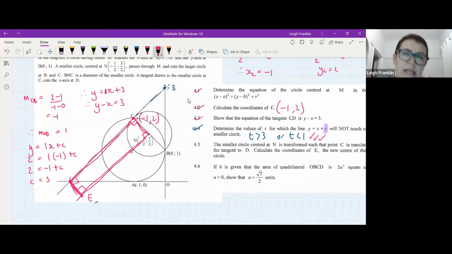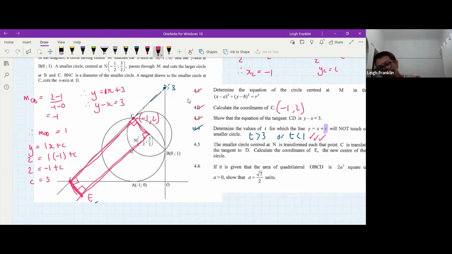Absolutely. I was just thinking there's a couple of ways in which we could do this, because DENC is a rectangle. So we could probably use the midpoint formula as well if we wanted, because the midpoint of DN would be the same as the midpoint of CE, because it's a rectangle.